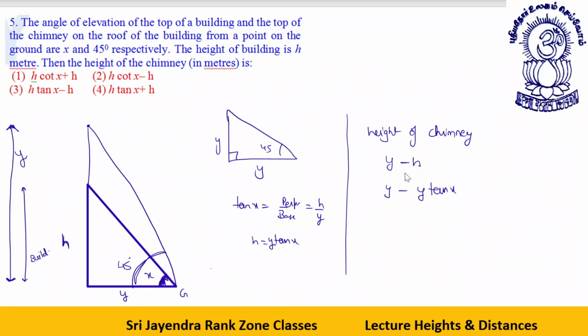We can't write it in the form of y. This y is actually h by tan x. Y is h by tan x. So this y I will write as h by tan x minus h, or h cot x minus h, and that is option number 2, the answer.